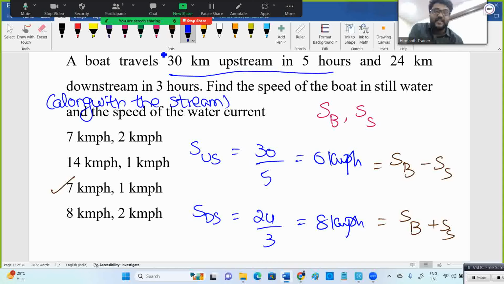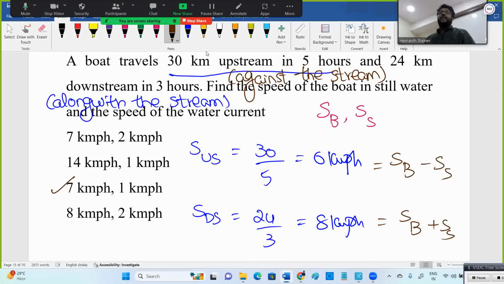So upstream means against the stream. But the easy thing to remember is up means speed less, minus; down means speed more, plus. Sometimes they use the terminology against the stream in questions. Against the stream means upstream. Along with the stream means downstream.